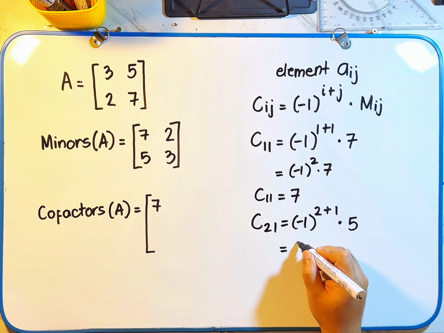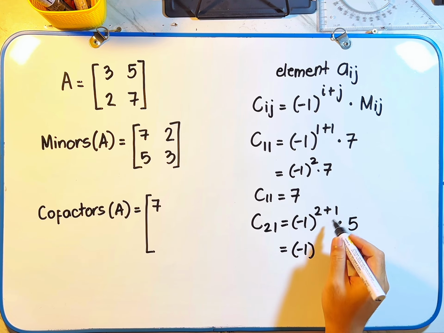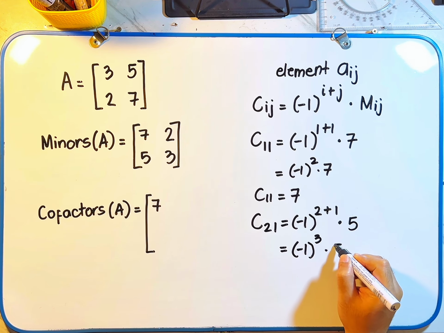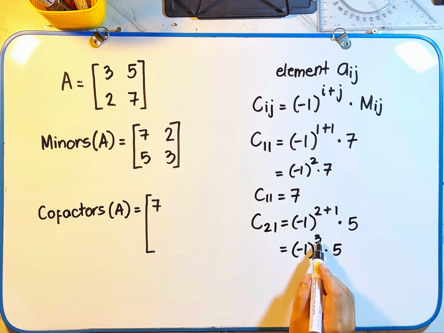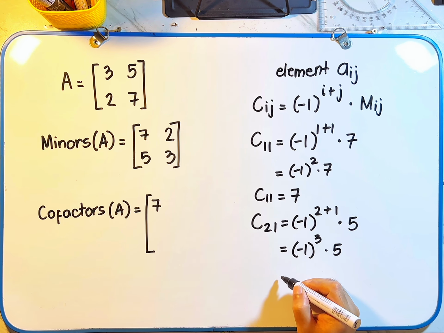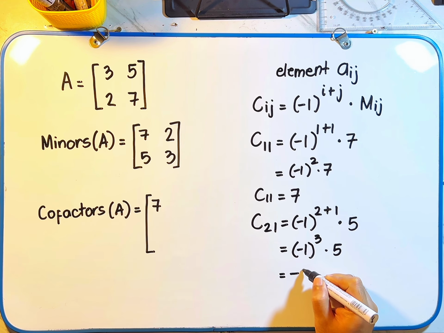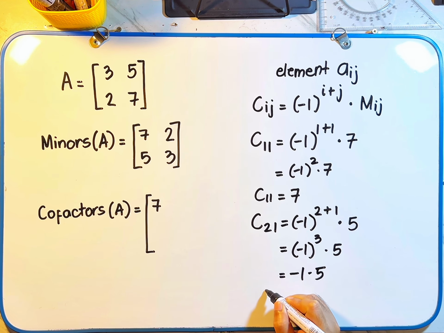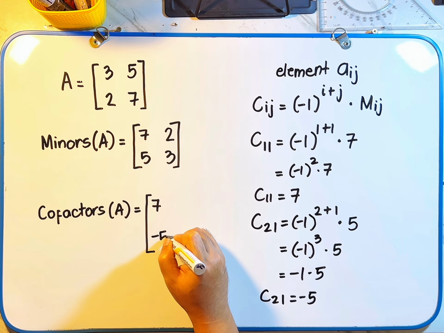Let's proceed. We have negative 1 raised to 2 plus 1, that's 3, times 5. And negative 1 raised to 3, a negative base raised to an odd power, stays negative 1 times 5. Therefore, C21 is equal to negative 5. So we have negative 5 right here.